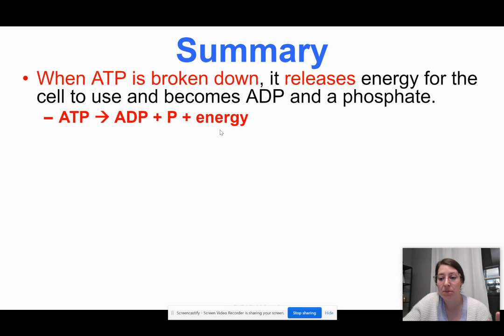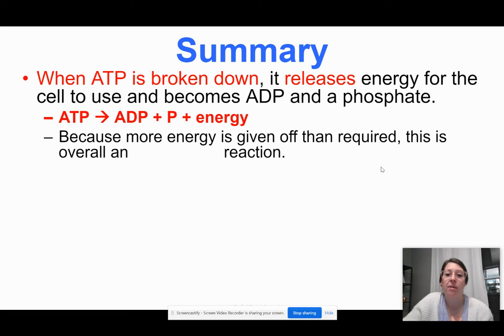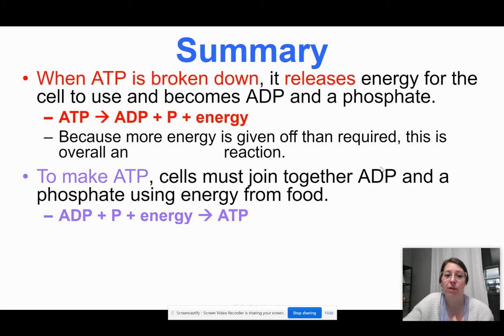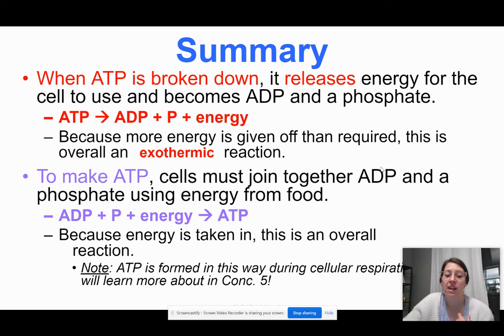So, you can represent it by this reaction. ATP breaks down to make ADP and a phosphate and energy. Because more energy is given off than required, this is an exothermic reaction. And then to do the reverse, to make ATP, cells must join together ADP and a phosphate and energy from your food, and we make ATP.